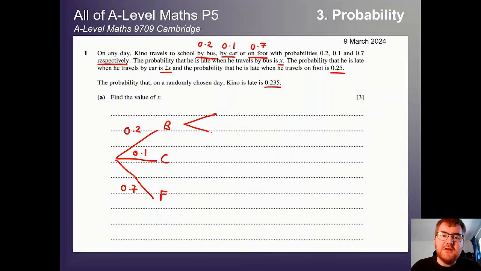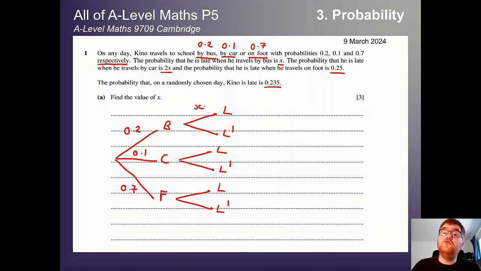Now for each of those, we now need to work out whether Kino is late or not late. So I'm putting L and L dash. Remember, L dash just means not late. So the probability that he's late when he travels by bus is x. Therefore, not late, well, that's going to be 1 minus x. Remember, pairs of branches have to add up to 1.